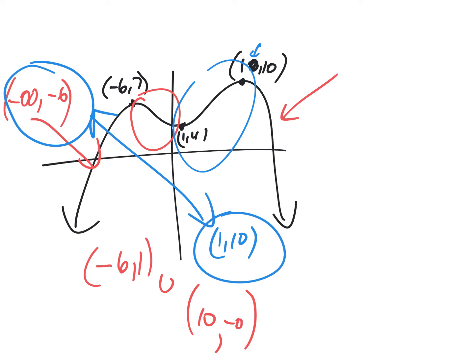10 to -infinity? No, such an easy mistake to make. Let's talk that through. What we're not talking about is how high or low this thing is going. We're using x values. So as I'm saying it's going that way, that's not -infinity. It's about that way.